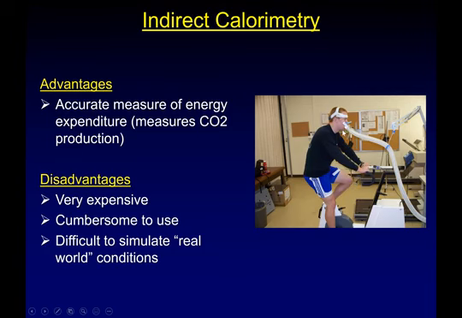And what we are doing is we are collecting all of the gases, all the air that they expire out. And what we know is that in regular room air, there's a certain amount of oxygen and a certain amount of CO2. We collect the air that you breathe out, and we test it to see how much oxygen and how much CO2 is in the air that you're breathing out.